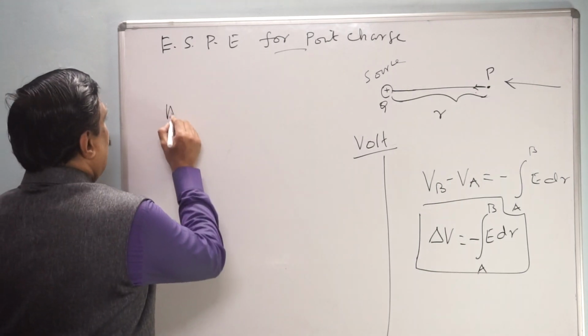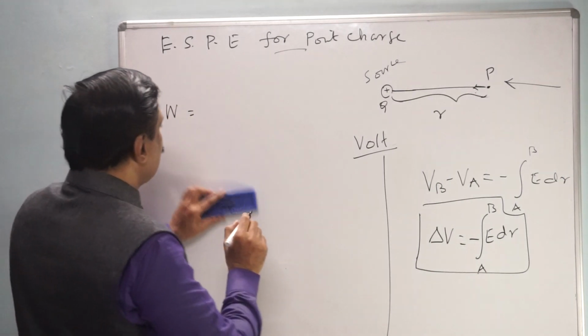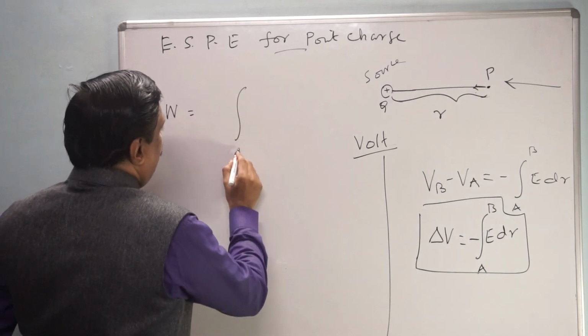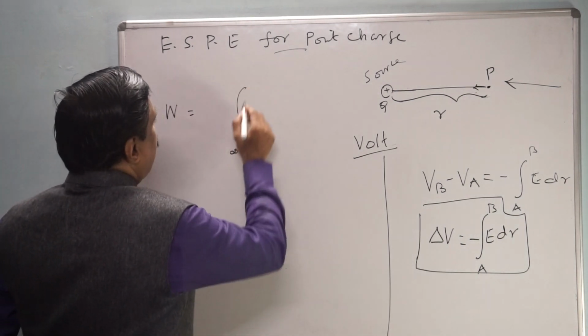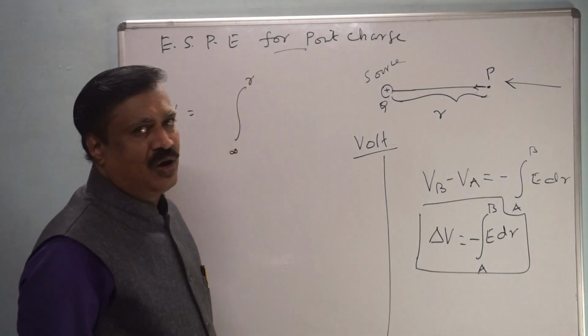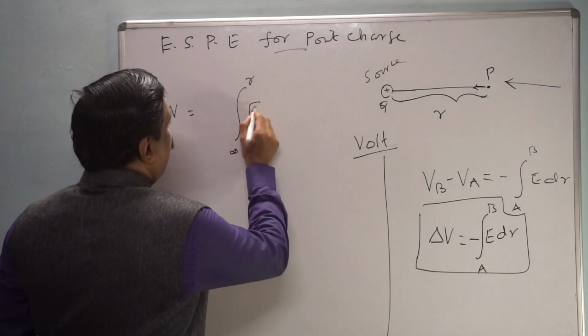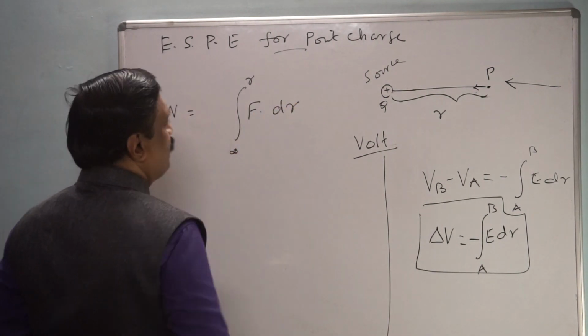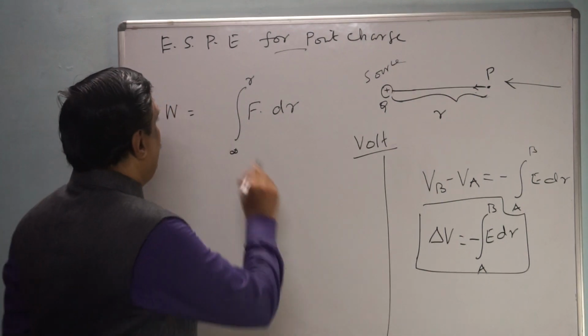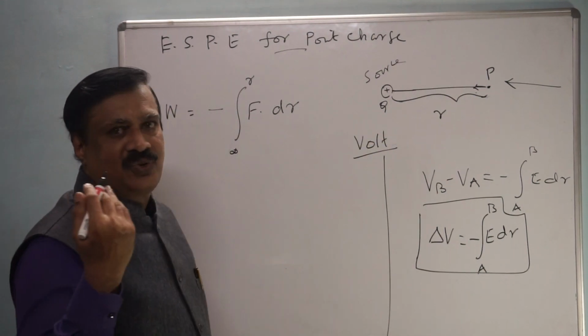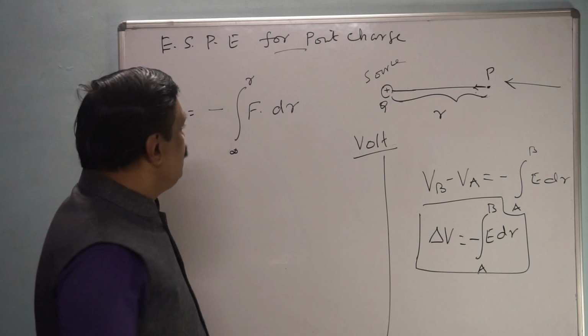That means work done equals the integration from infinity to a particular distance R of F into dr, and you are bringing against the electrostatic field, therefore it is minus.